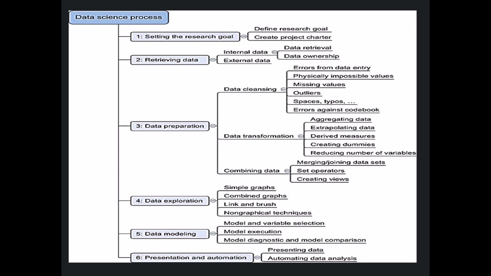What do you mean by error? Suppose some student's name is missed, an error from data entry, basically human errors. And physically impossible values. What do you mean by physically impossible values?